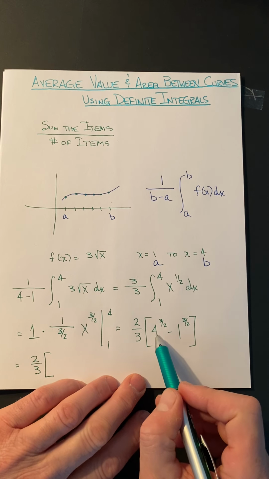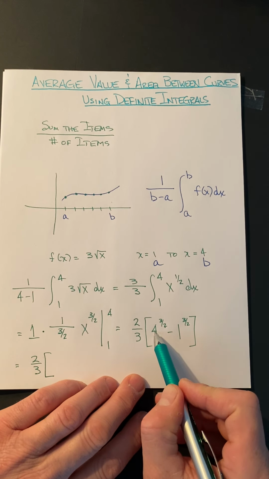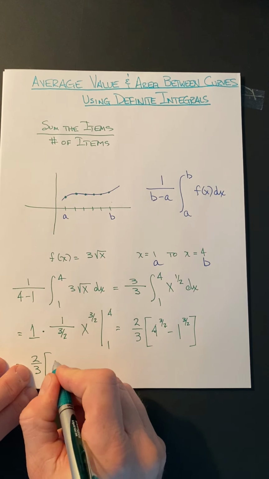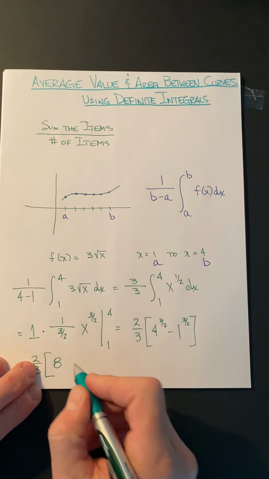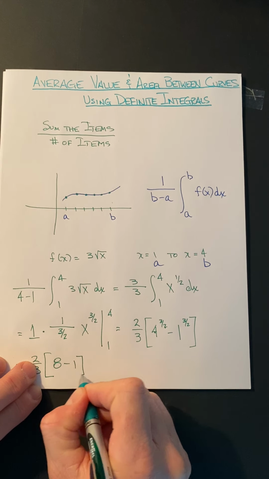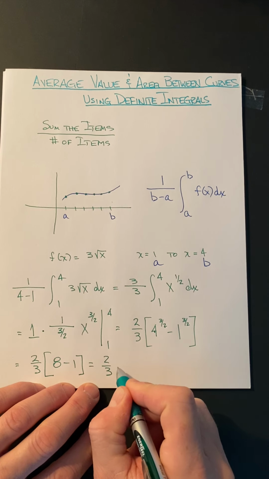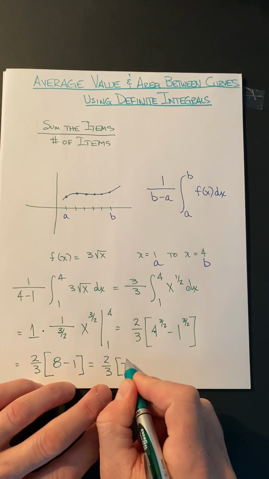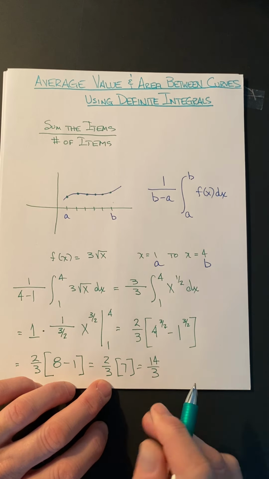So 4 to the 3 halves, well, that's the square root of 4 is 2, and 2 cubed is 8. 1 to any kind of exponent is just 1. So this simplifies to 2/3 times 7, or 14/3.